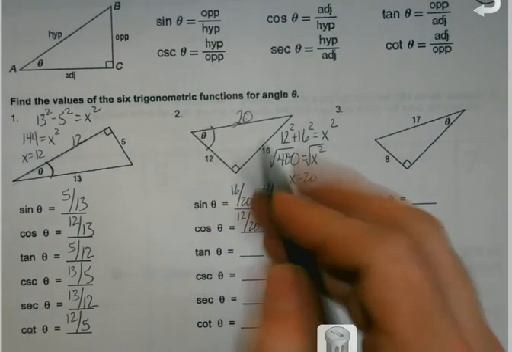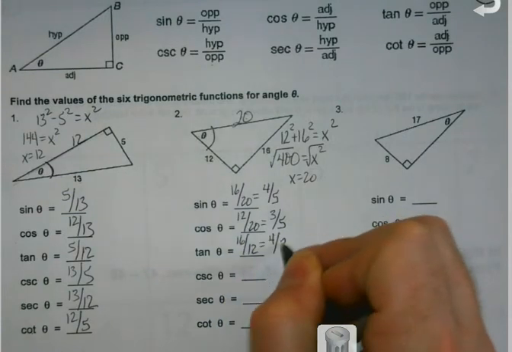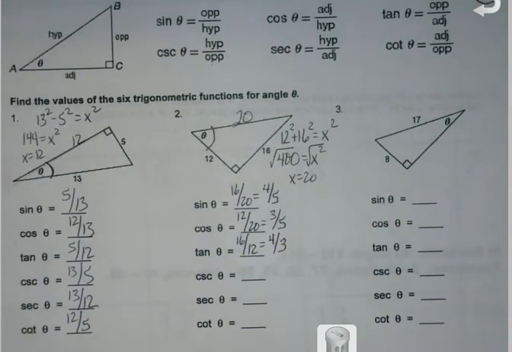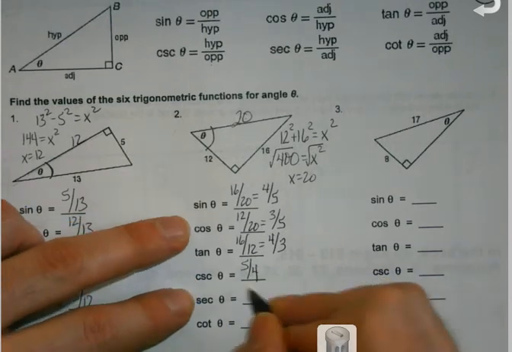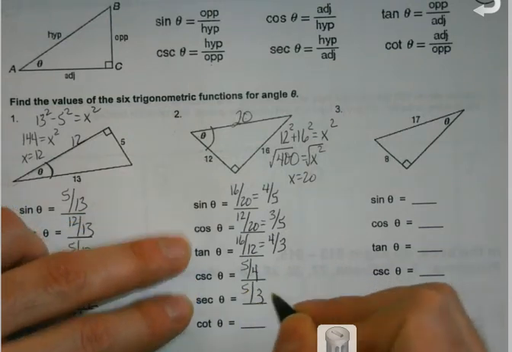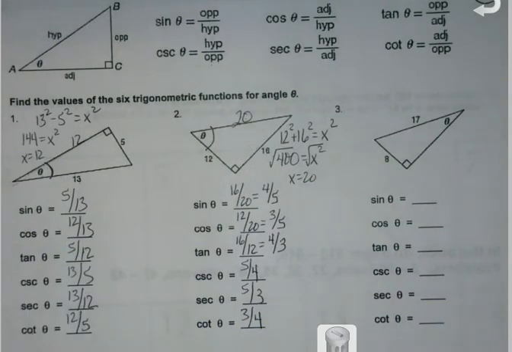Tangent is opposite over adjacent, which gets me 4/3. And the nice thing about reducing right away is, now when I go to do my inverses, I already have the simplified form. I've just got to go ahead and get those jotted in.